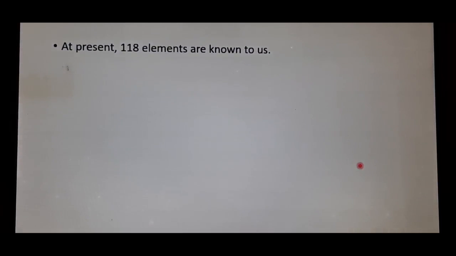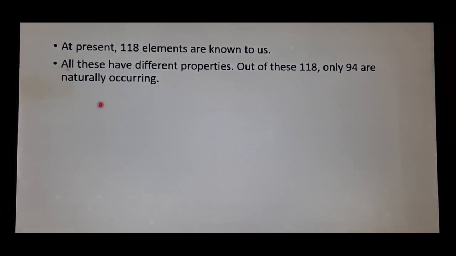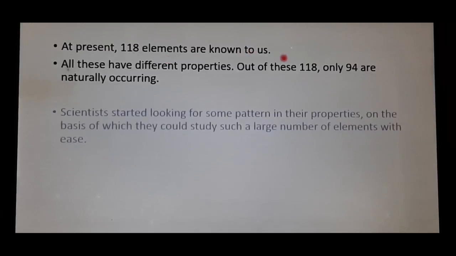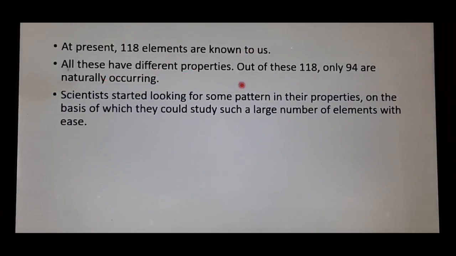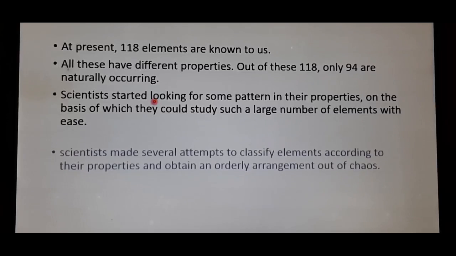So let's see now. At present, 118 elements are known to us and all of these have different properties. Out of these 118, only 94 elements are naturally occurring.